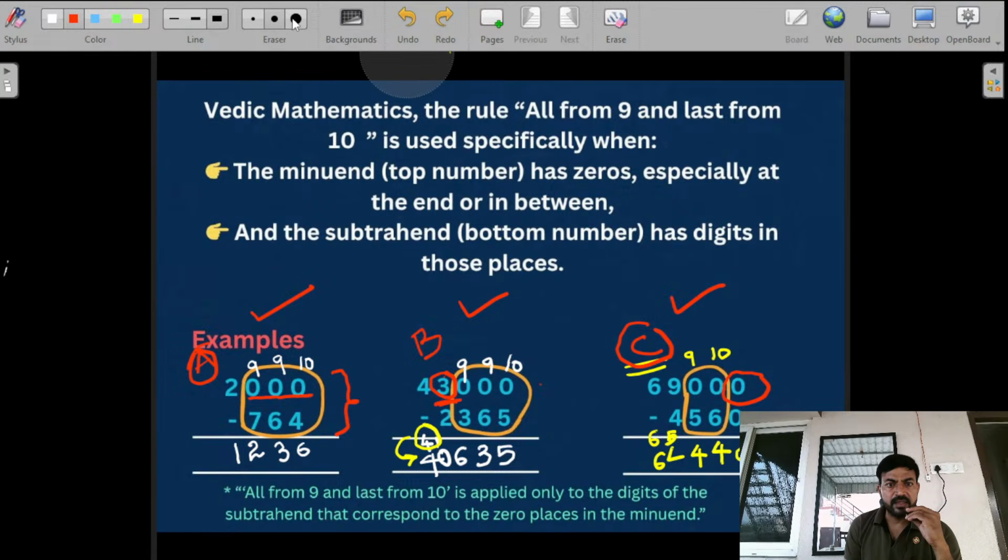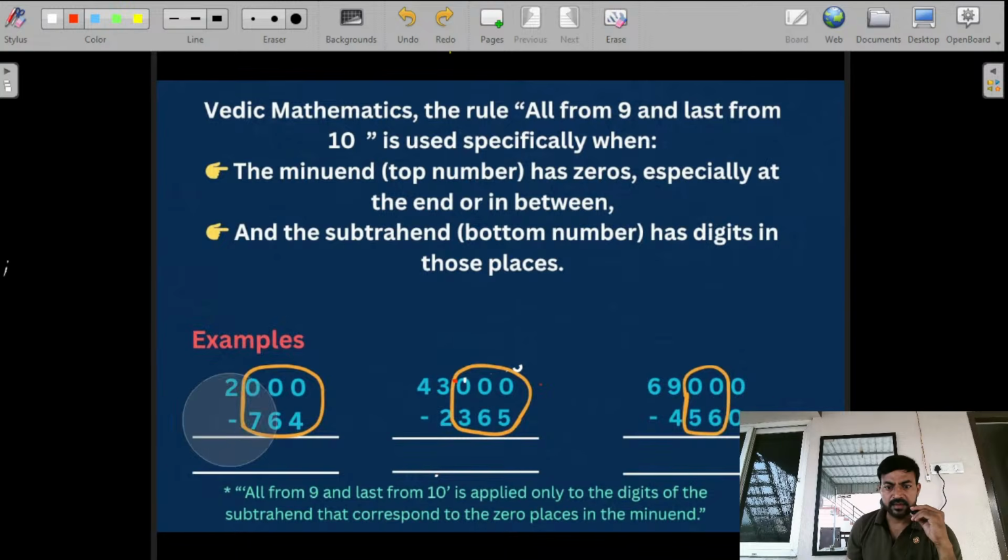Wait, I think this concept needs explanation again. See, check here. As I explained, subtraction without borrowing concept.